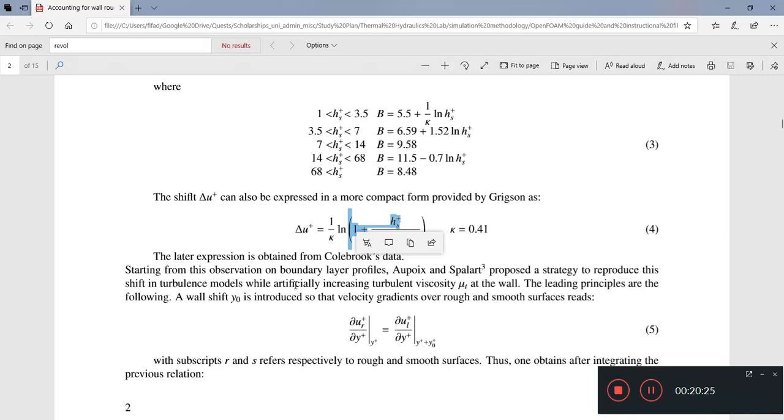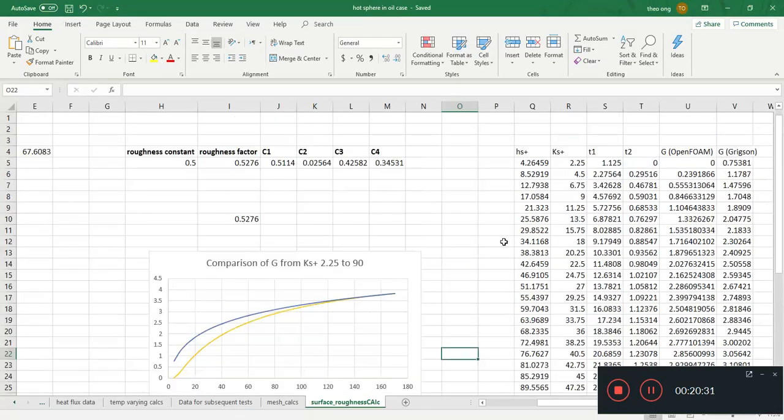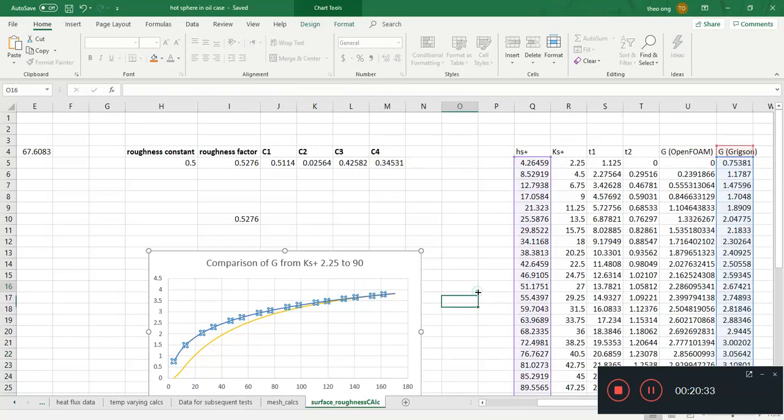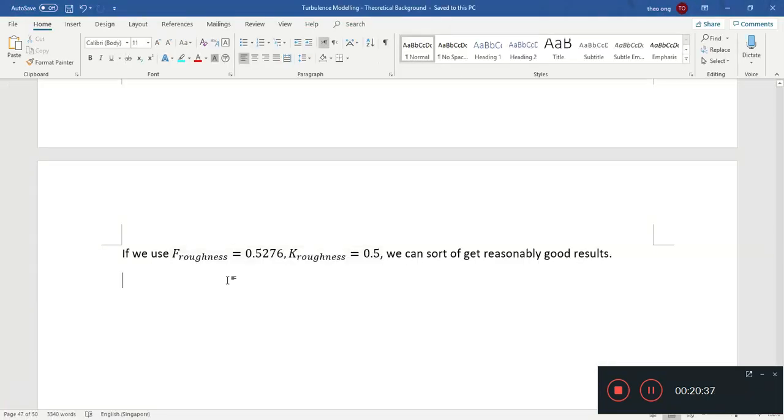But of course you can tweak it as you want by playing around with these two constants so that you get the correct graph matching. But these two constants at these values, f roughness equals 0.5276, k roughness equals 0.5, match Colebrook's data reasonably well.